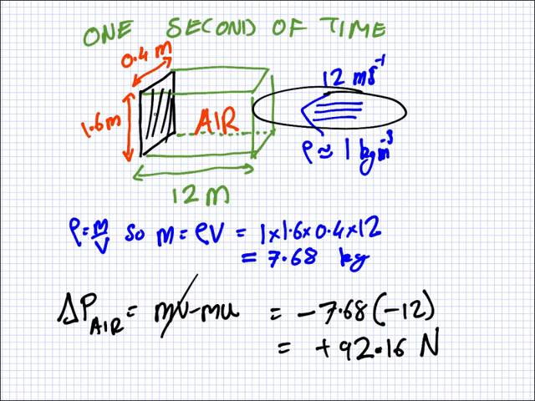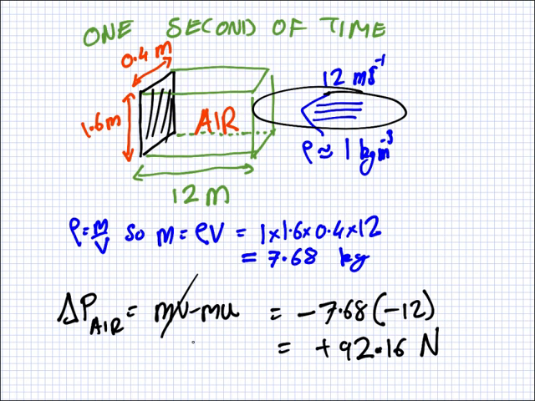If this is at rest and I hit it, I give it momentum. The momentum that it gets from me, I feel as a negative. If I give this 1 kilogram meter per second of momentum, then there's a minus 1 kilogram meter per second in my hand.